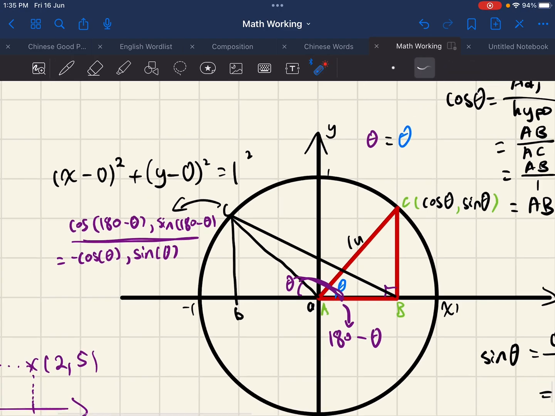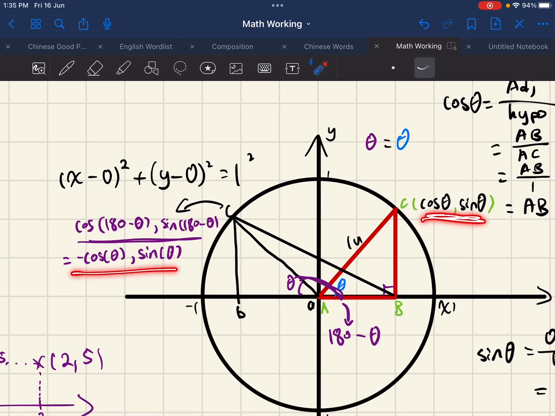Yep. Directly opposite. So the y coordinate will remain the same, but the x coordinate changes because it's opposite.